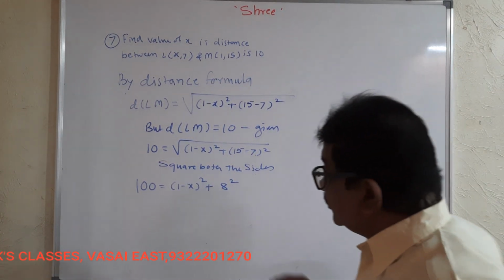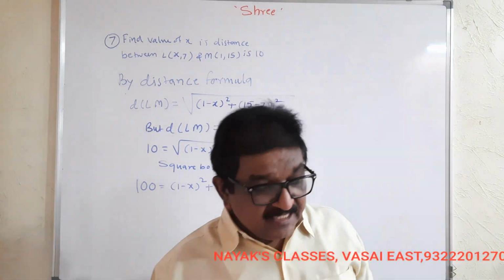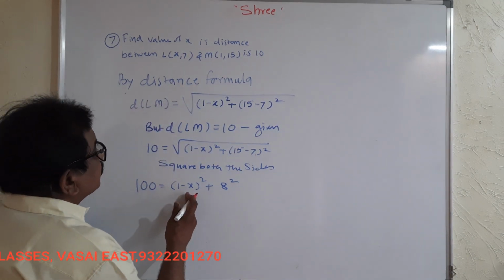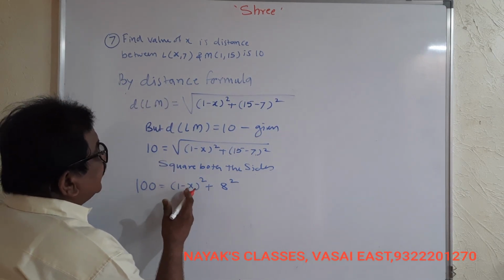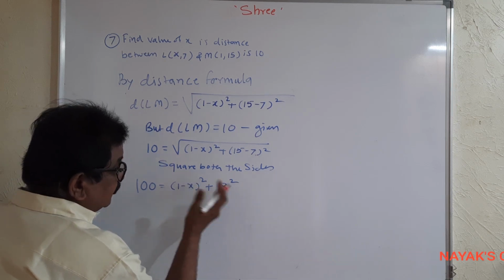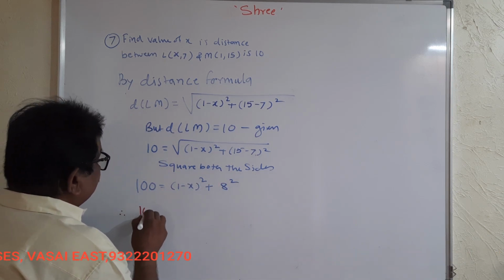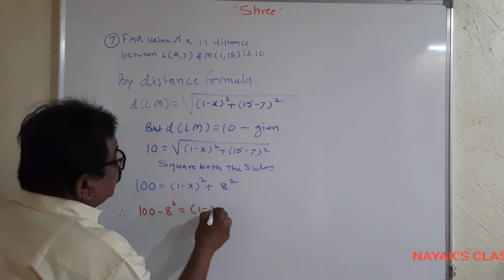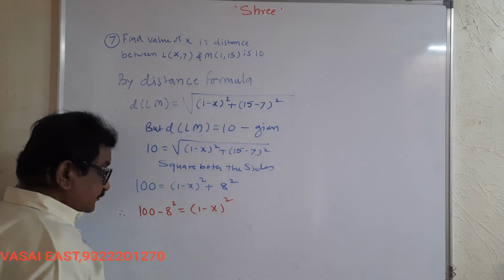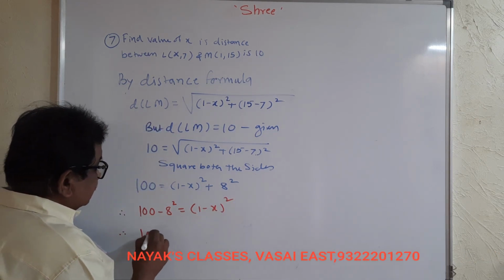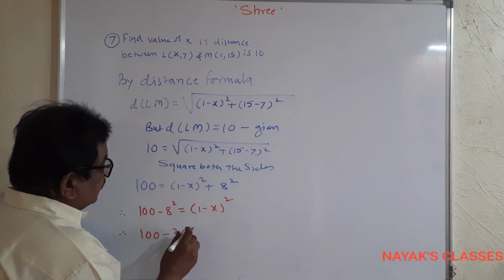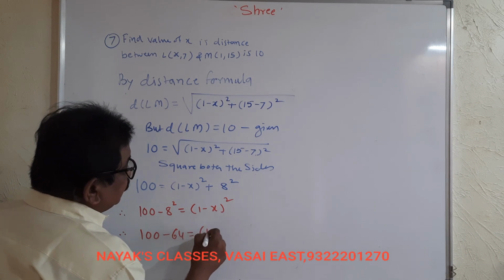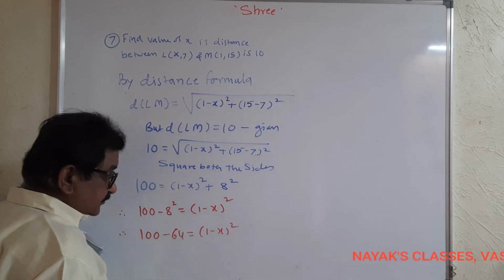I have eliminated these steps to make it easy. See, if we put this bracket on the right hand side and 8 square to this side, therefore 100 minus 8 square is equal to (1 minus x) the whole square. Correct? That is 100 minus 64 is equal to (1 minus x) the whole square.